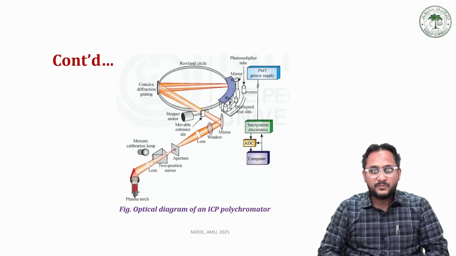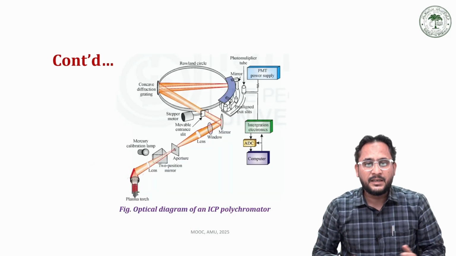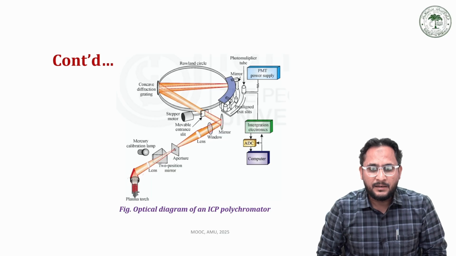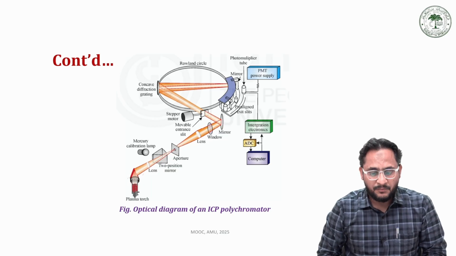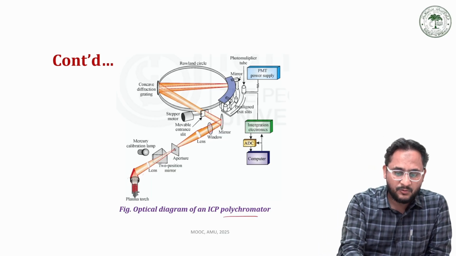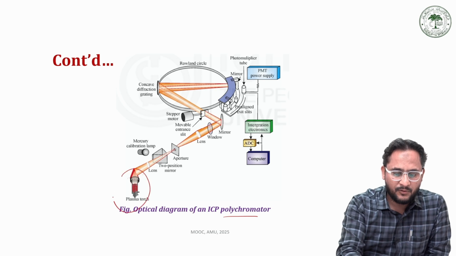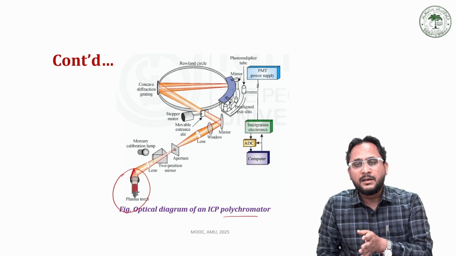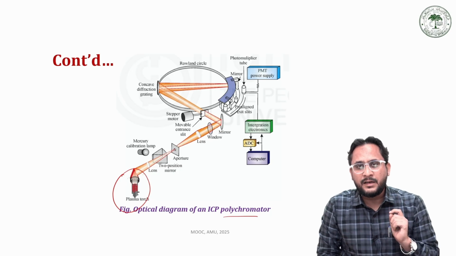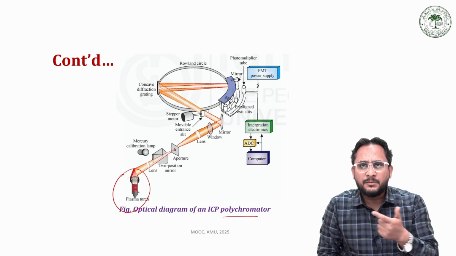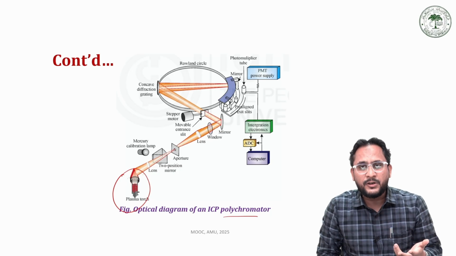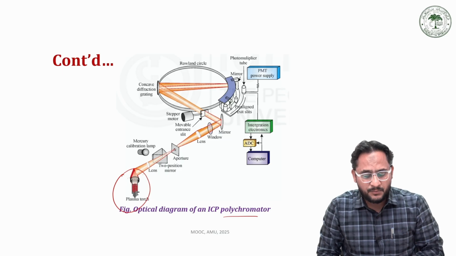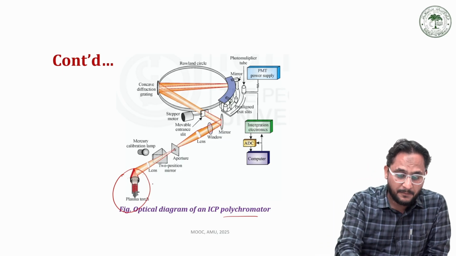So this is a design of an ICP which is based on a polychromator. We have a plasma source. As I said earlier, since we are focusing on monochromators and polychromators, which are used for the selection of a particular light radiation or multiple light radiations, there is no point in showing the nebulizer as well as the spray chamber in this diagram.